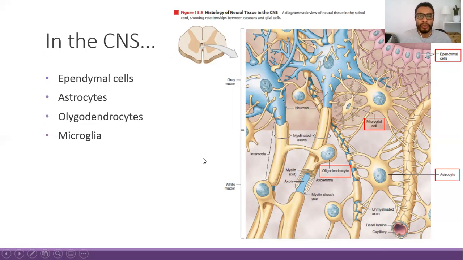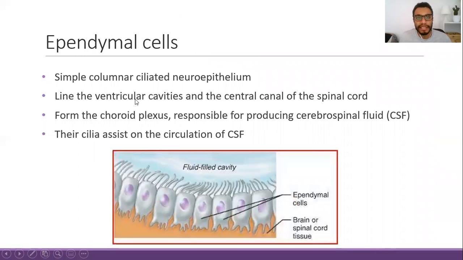Okay, so let's go through each of them. The ependymal cells are simple columnar ciliated neuroepithelium. They line all the ventricular cavities and also the central canal in the spinal cord.